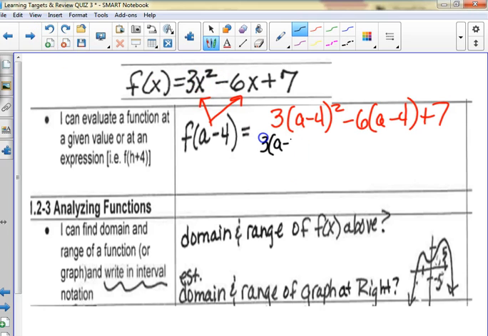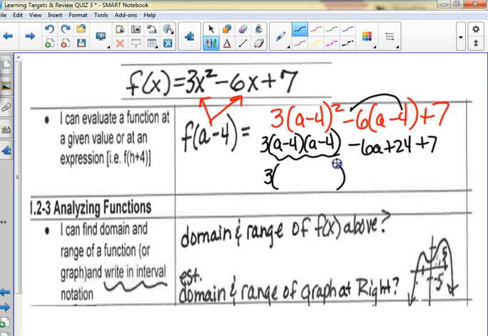So you got to go a minus 4 times a minus 4. You could distribute the 3 through one of them first. I usually just do this and then distribute the 3 through all of that. And then this is minus 6a plus 24 plus 7 back there. So what's a minus 4 times a minus 4?